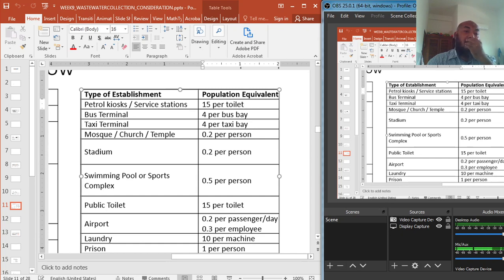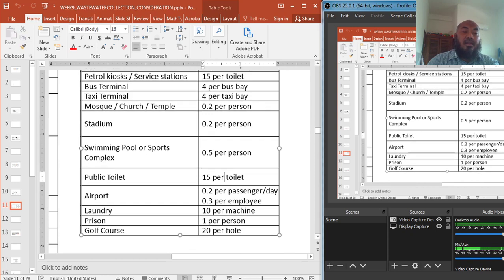Then a bus terminal, 4 PE per bus bay, and taxi terminal, 4 per taxi bay. Masjid, church and temple, maybe 0.2 per person. Stadium, swimming pool and sport complex, public toilet, airport, laundry, prison, go-kart, etc.